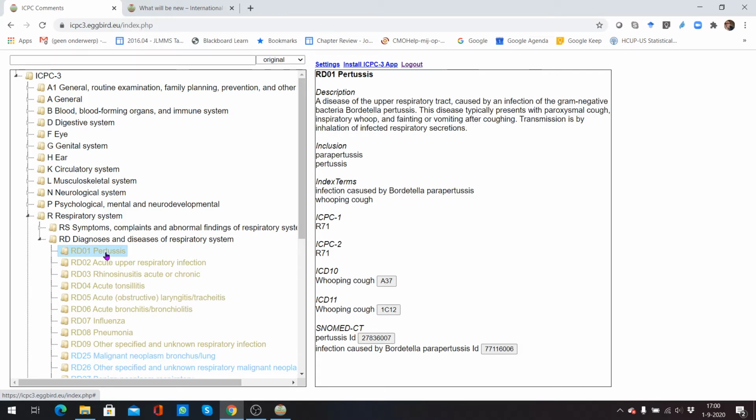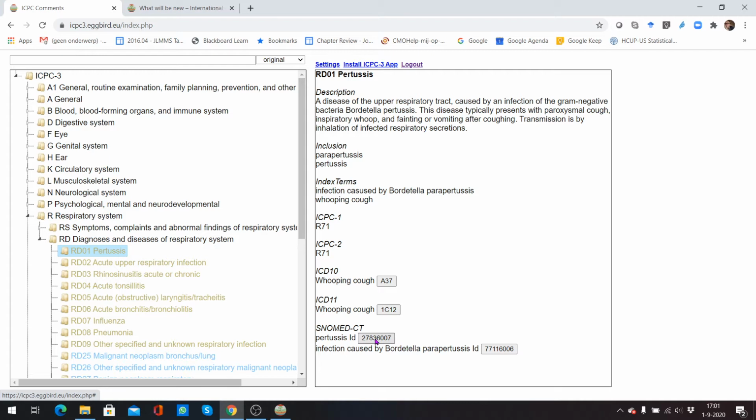In the right-hand window, you can view more information about the content of this class, such as a description of the disease, the inclusions, sometimes the exclusions, and links to the previous versions of the ICPC, ICPC-1 and 2, but also to other classifications like the ICD-10 or 11, or to a clinical terminology, SNOMED CT.